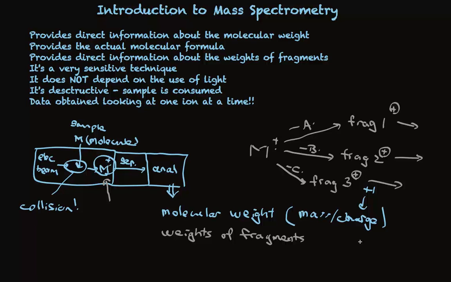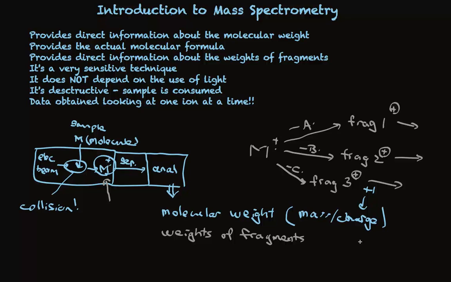So, mass spectrometry tells you the molecular weight, it may tell you the actual molecular formula, and it tells you the weights of fragments. In addition, in a mass spectrum, it's important information to see the relative amounts of the fragments that are formed, as well as the relative amount of the molecular ion.